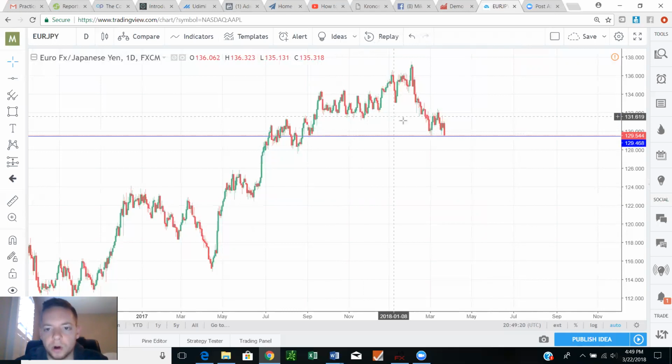What we look for when we enter is, if it comes off of it, we would look for a retest, and we would look to enter and then take it off.